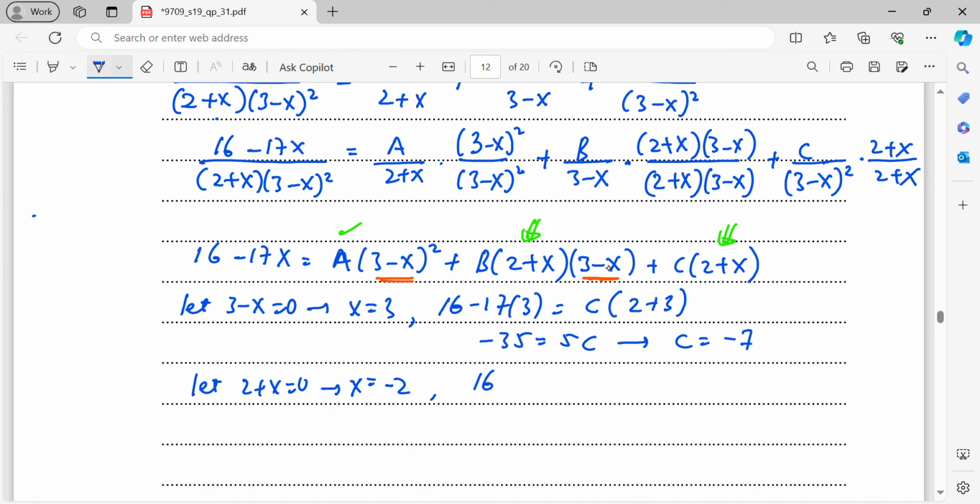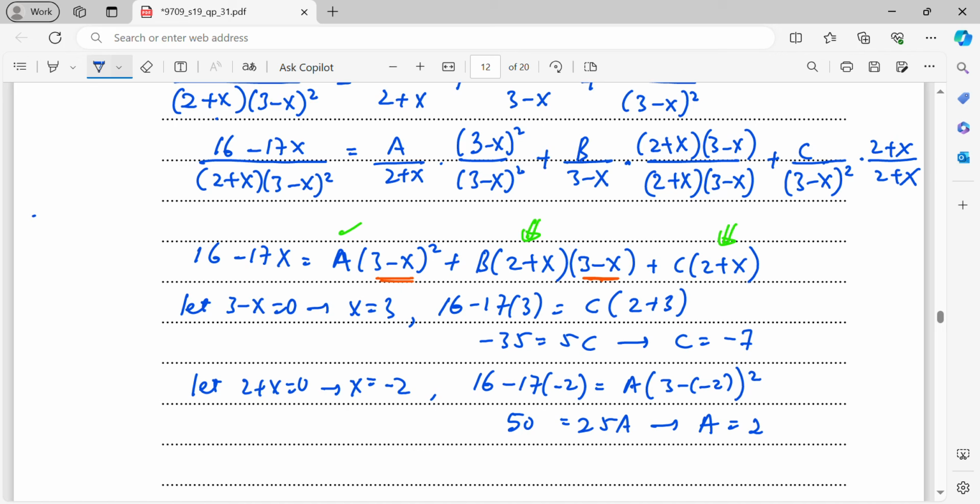So it will be 16 minus 17 times minus 2 equals to A times 3 minus minus 2 squared. So for the left hand side, that is going to be 50. Okay, right hand side will be 25A. Then from here, my A is 2.